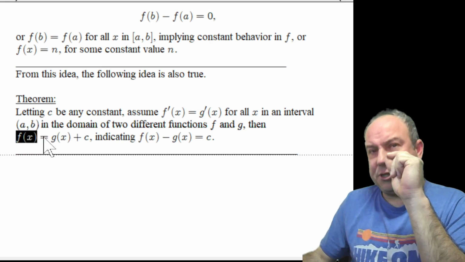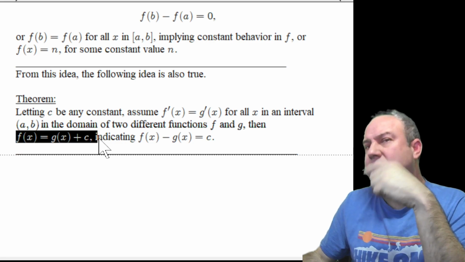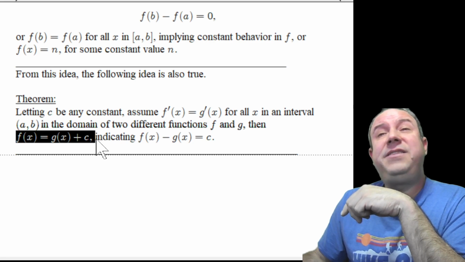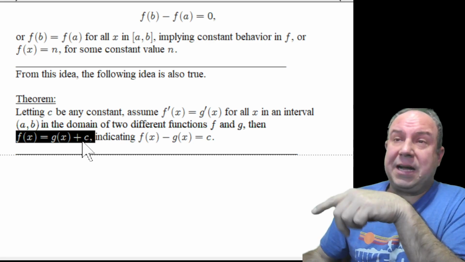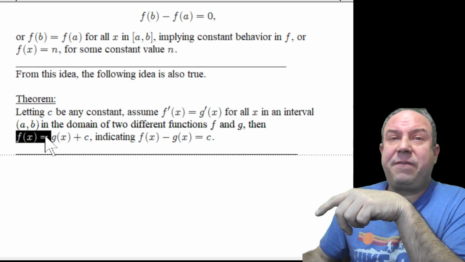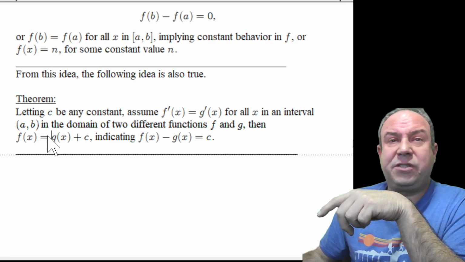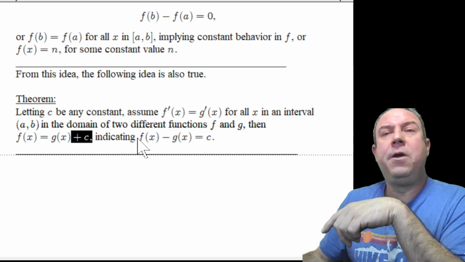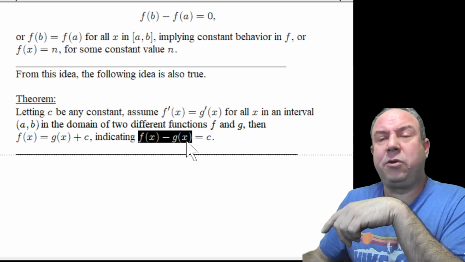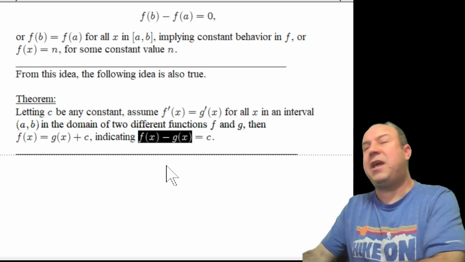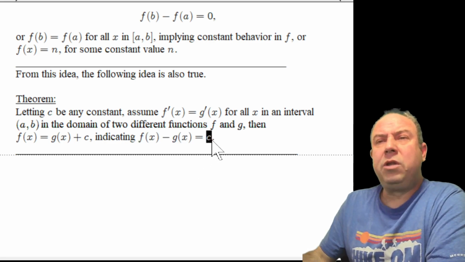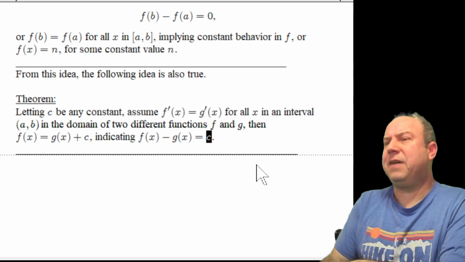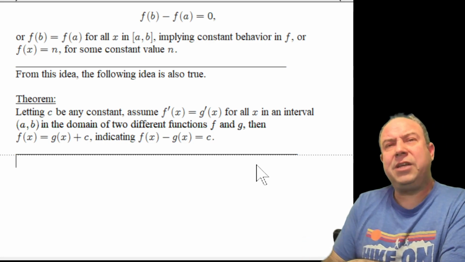Then what must be true about f and g, if they have equal first derivatives but are different functions, is that they differ by nothing more than a constant. f of x can be thought of as g of x plus some constant value. Or subtracting g of x from both sides, the difference between f of x and g of x will always be equivalent to a constant.